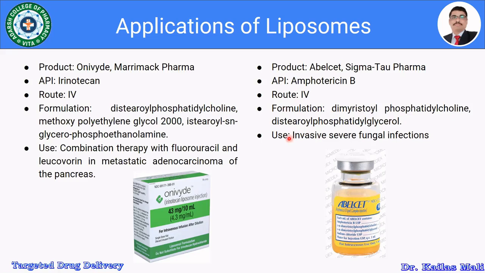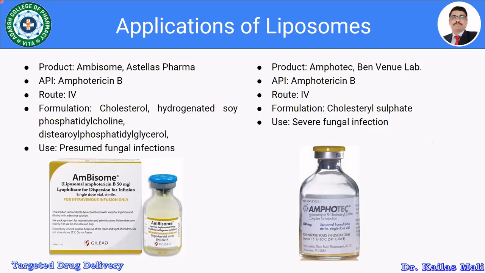It is used for invasive severe fungal infections. Then AmBisome, it is developed by Astellas Pharma. Again, it contains amphotericin B to treat certain fungal infections given by the intravenous route, and it contains cholesterol, hydrogenated soy phosphatidylcholine, and distearoyl phosphatidylglycerol. So this is a product, AmBisome.